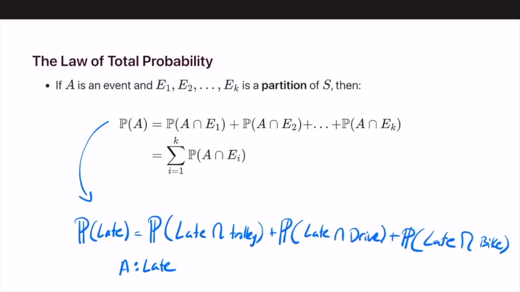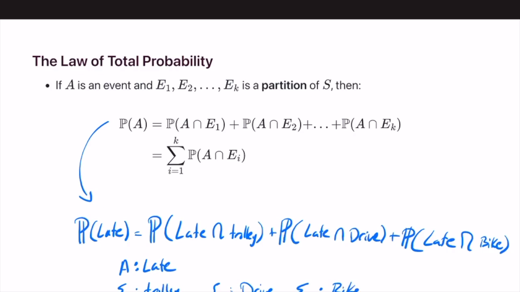is our E's: E1 would be trolley, E2 would be drive, and E3 would be bike.